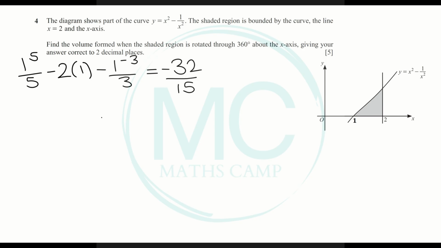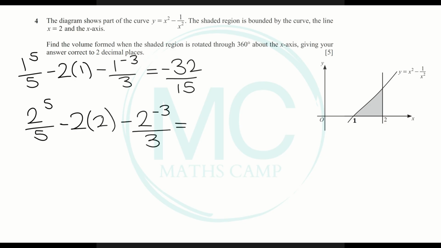Now let's substitute 2 into our x values. We're going to get 2 exponent of 5 over 5 minus 2 multiplied by 2 minus 2 with an exponent of negative 3 over 3. And you can put this straight into your calculator.